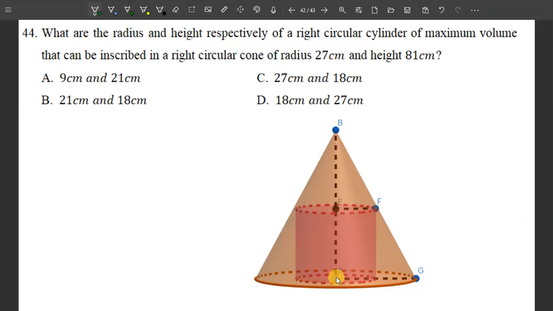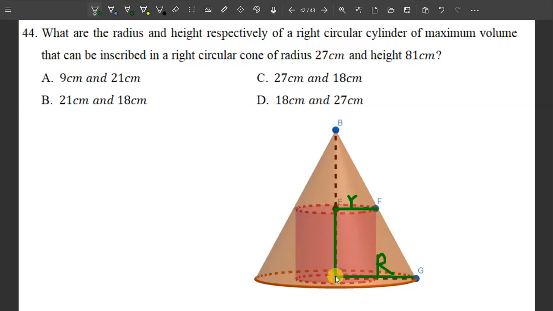Suppose this is the radius of the cone, represent it with capital R, whereas the radius of the cylinder, let us represent it by small r.